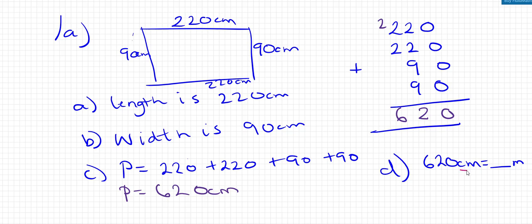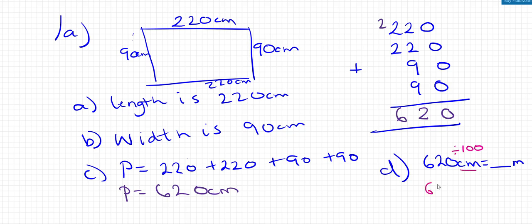So I can see that the unit centimeters is smaller than meters, so my number should be getting smaller, which means I should be dividing by something. I know that 100 centimeters makes up 1 meter, so that means I divide by 100. I'm trying this mentally, but you can use your conversion chart.